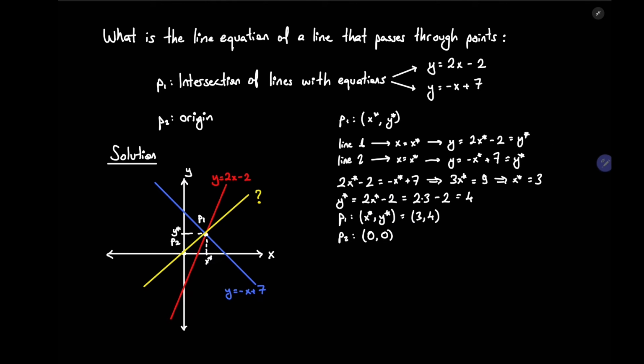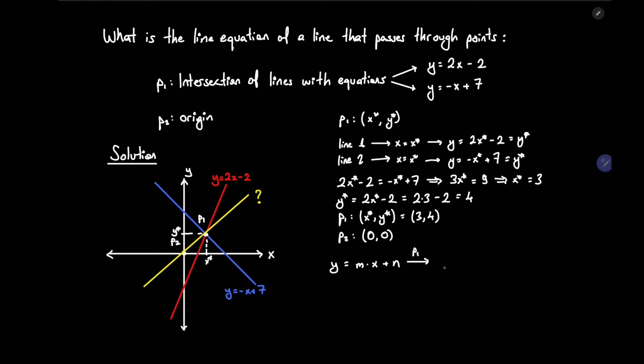As you know, a line equation is something like y equals m times x plus n. N is the constant and m is the coefficient of x, which is also the slope in this case. So let's apply this equation to our first point P1.